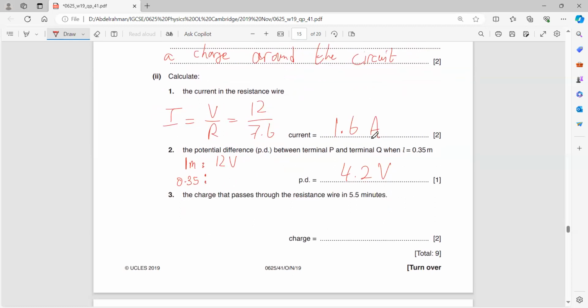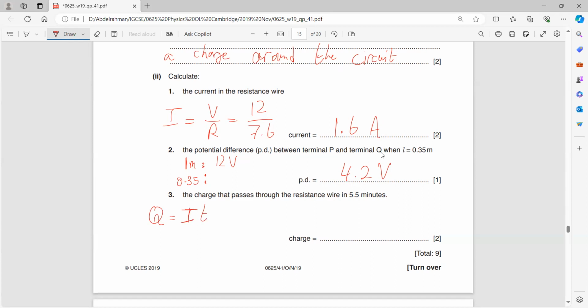طيب I need to find the charge that passes through the resistance wire in 5.5 minutes. Can I find the charge? Charge is not energy. It has to do شوية with current and time. Charge equals current times time. بس كده Q equals I T صح؟ This is one of the equations احنا we have to memorize.